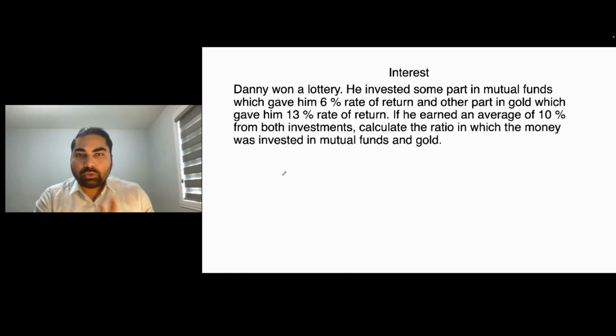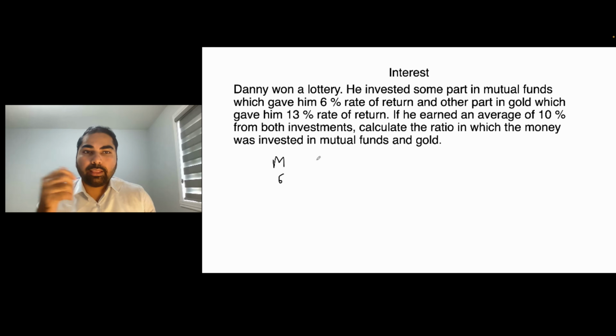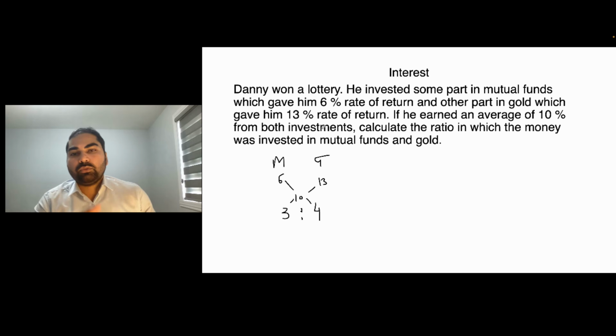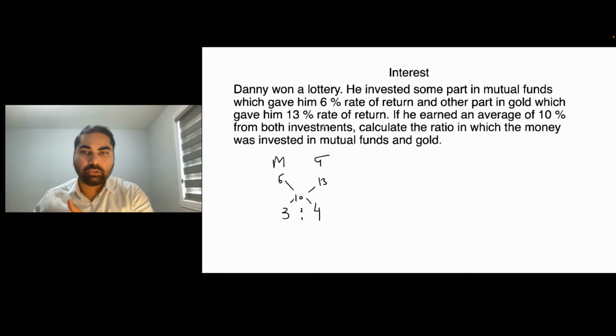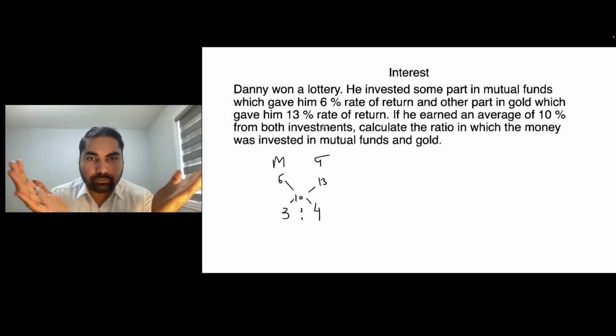So again, you've got two things: mutual funds, invested at 6% return, and gold, invested at 13% return, and you got an overall 10% return, right? So you can easily apply alligation here. You can say this minus this here is 3, and this minus this here is 4, so that means they must be mixed in 3:4. So for every $4 in gold, he must have invested $3 in mutual funds. Simple as that.